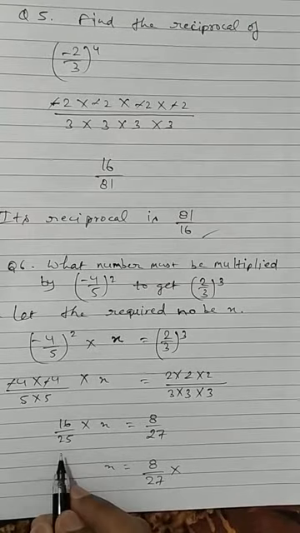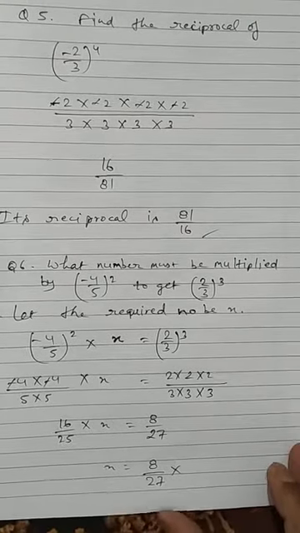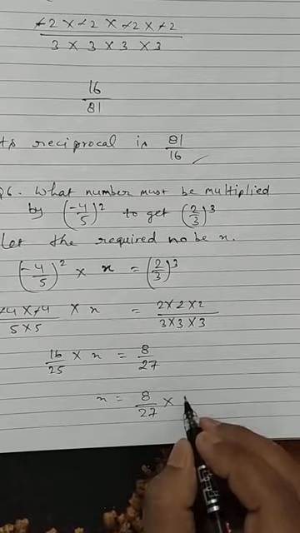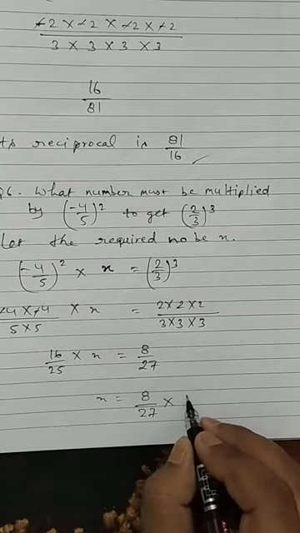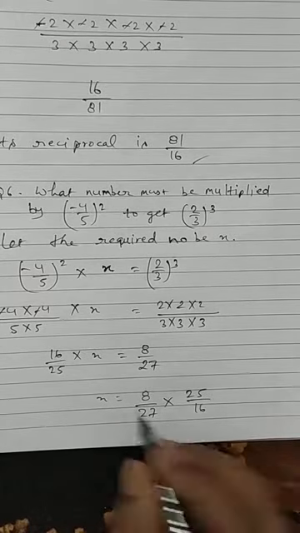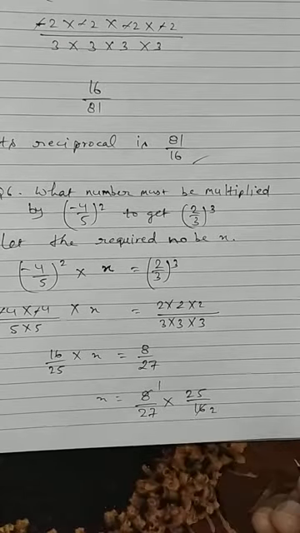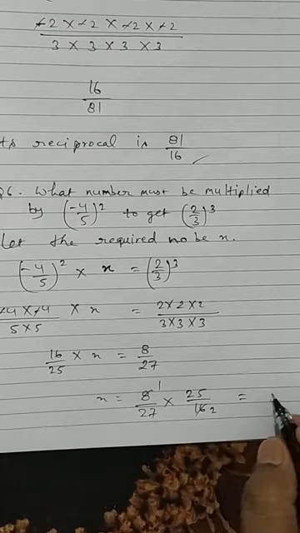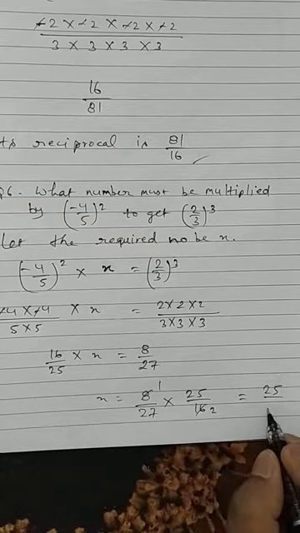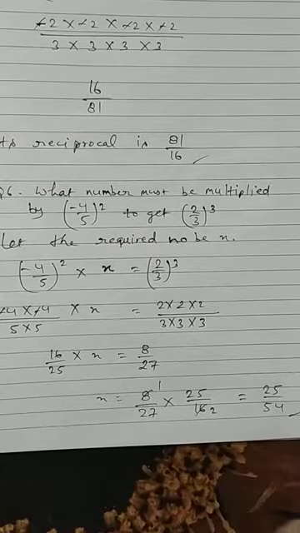Now this 16 upon 25 will become reciprocal on being transposed to the right hand side. So 25 will be up and 16 will be down. 8 1s are 8, 2s are. So our clear answer is 25 upon 54.